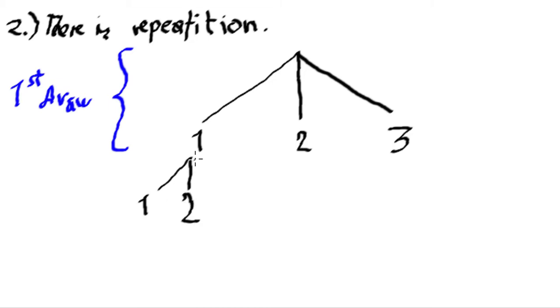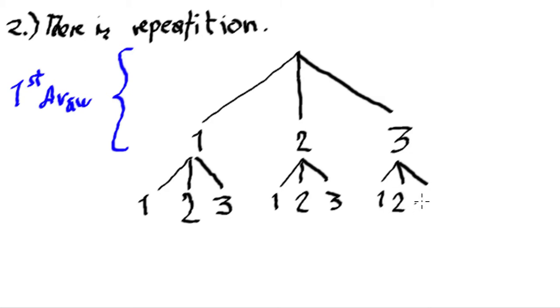So we have 2, 3. In such case, we can get 1, 2, 3 again. Likewise here in our 2, we can get 1, 2, and 3 again. Likewise here in our 3, we can get 1, 2, and 3 again. And this is our second draw.